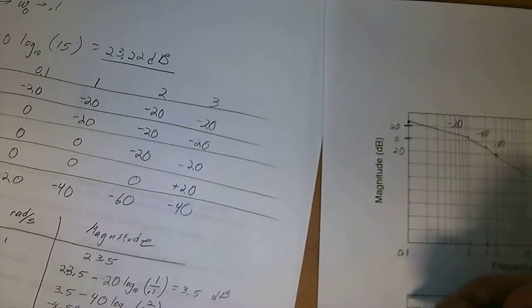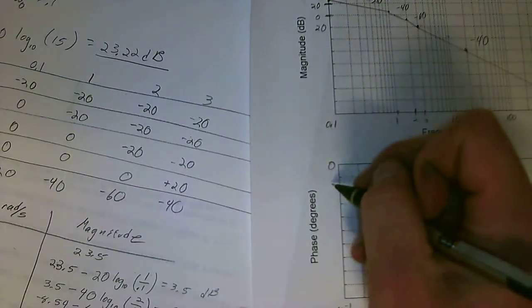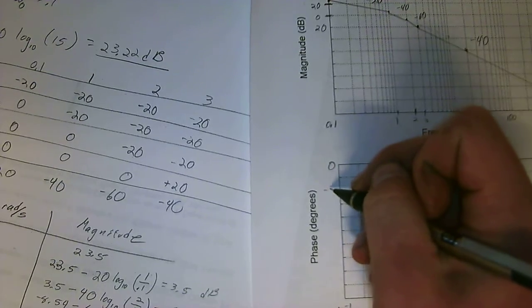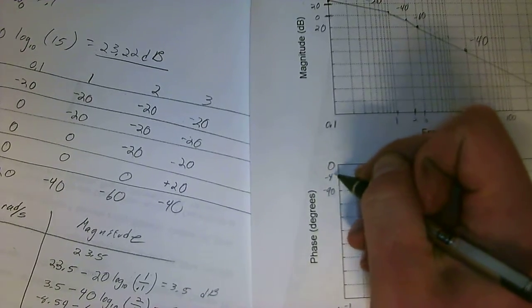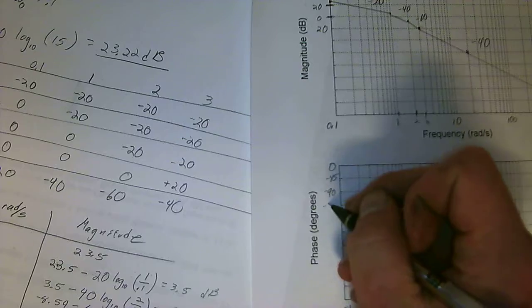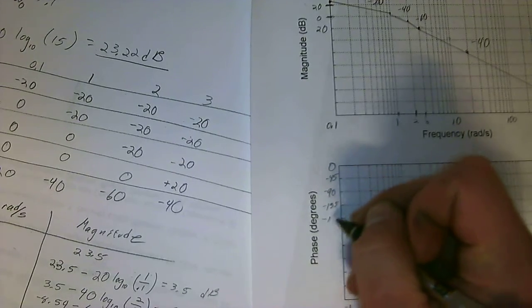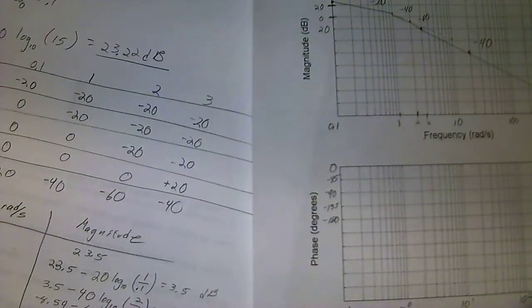So let me double check my picture here. I'm going to put 0 up here on my phase plot, and I'm going to put negative 90 right here, and then negative 45. Then we'll go negative 135, negative 180, just like that.